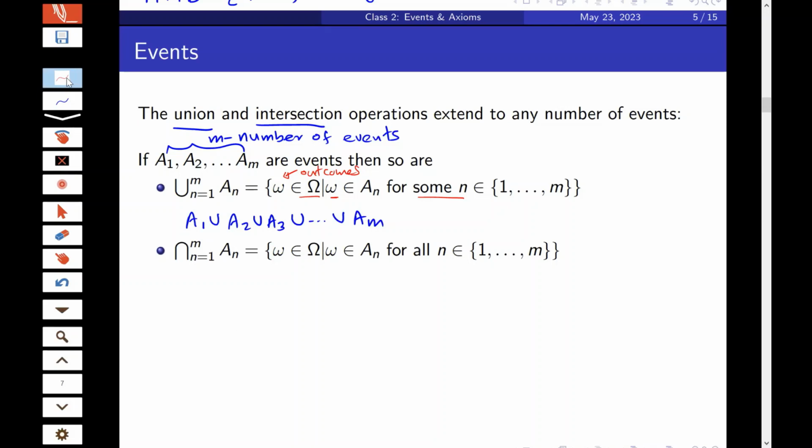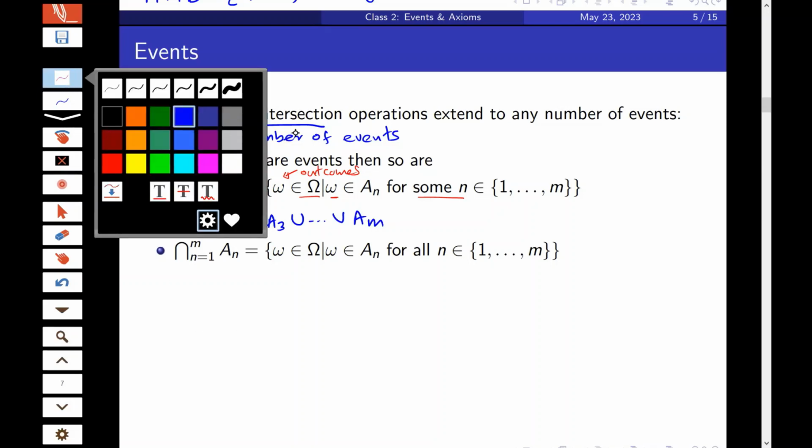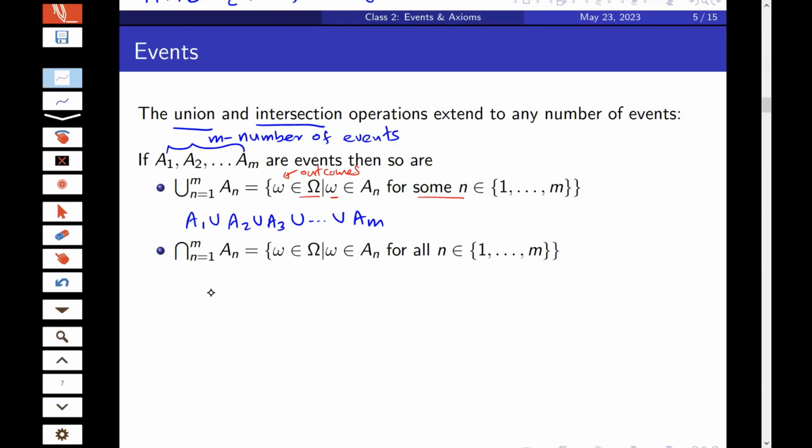Similarly, we can write the intersection for M events. Here A1 intersection A2 intersection A3, all the way to intersection of AM. That's the meaning of this part.